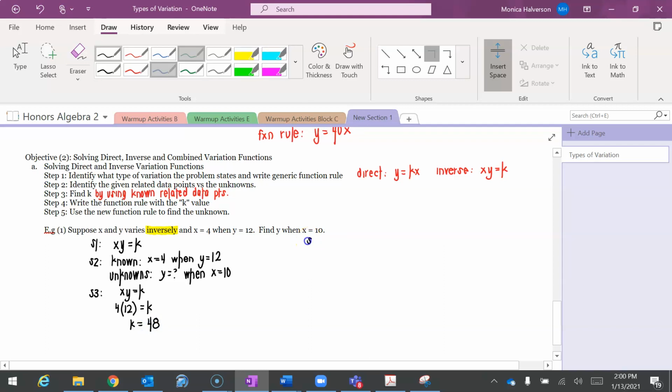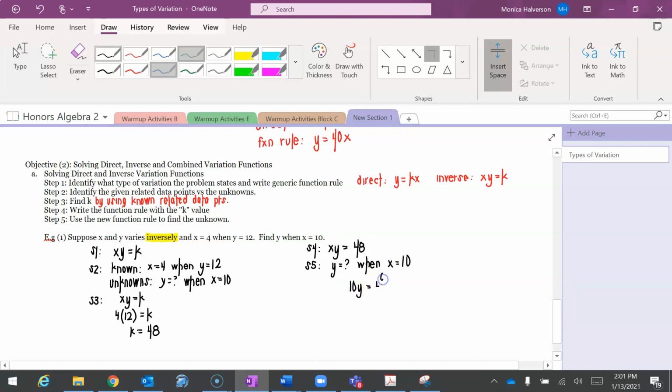So now we're going to write out our function rule with k. xy equals 48. And now we're going to solve our unknown with this new function rule. So we want to find y when x equals 10. So 10y equals 48.